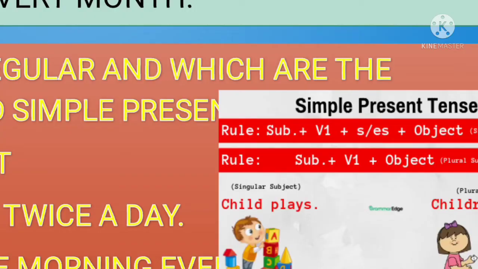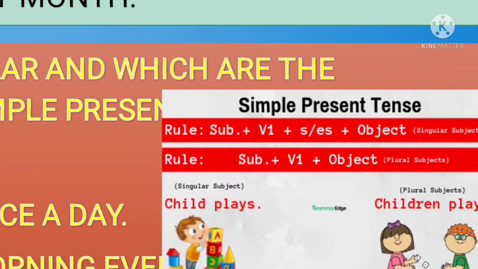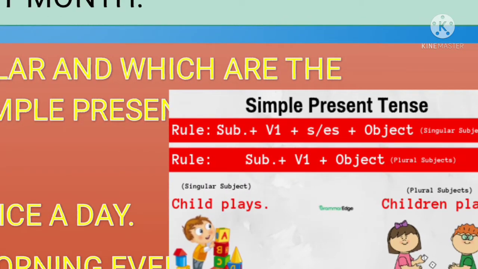Like, child plays. Child is the subject, play is the first verb form. Children play. Here we add s because child is singular, so we need a singular verb. We add s to the verb and it becomes singular. So, child plays. Children play.